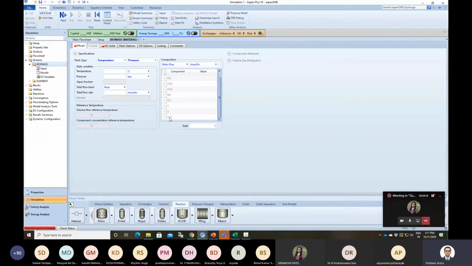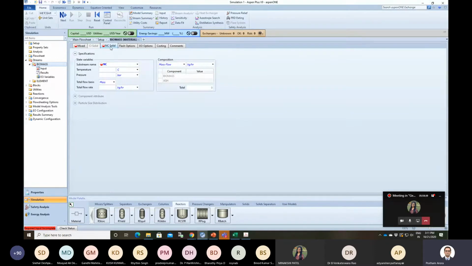So remember, these are the compounds that we described in the initial part of the simulation. So it will take only those compounds which we have defined. It won't take any other compound that we haven't designed. But our input doesn't have any of these. It just has biomass, and the biomass I can get in here.